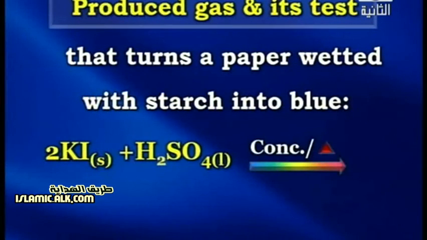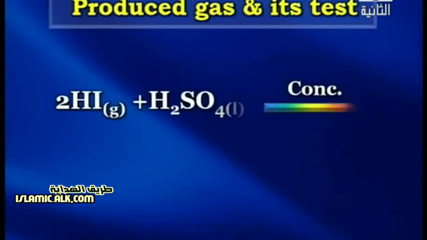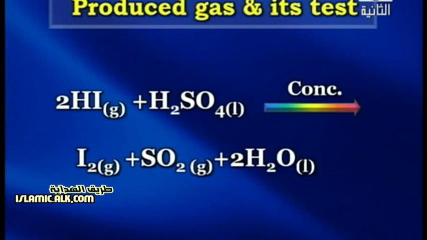As the equation proceeds on the screen, potassium iodide plus concentrated sulfuric acid and heat gives potassium sulfate and hydrogen iodide gas that is oxidized by sulfuric acid giving iodine gas, and sulfur dioxide and water are produced.